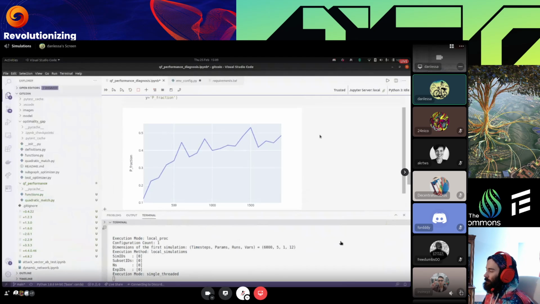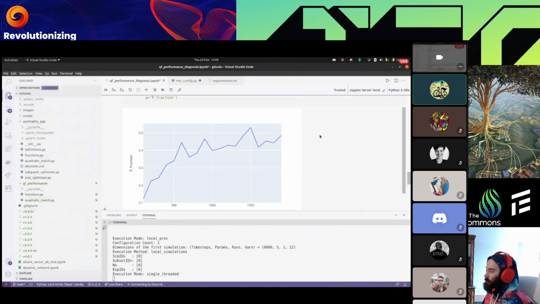I don't know exactly if this is good news or not, because by 2000 steps, calculating the P matrix takes about half of the execution time.